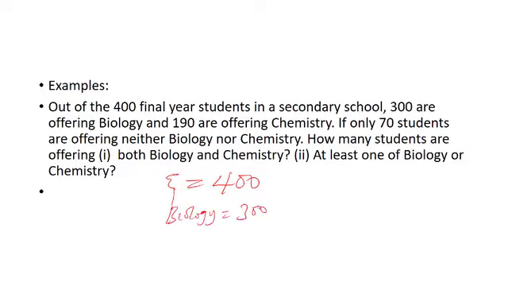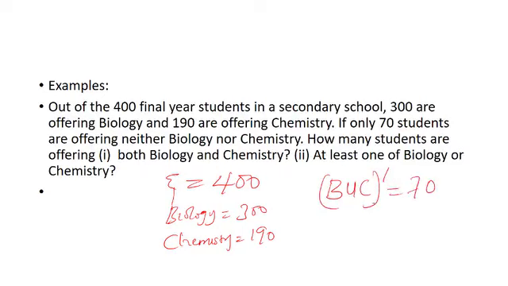We have 300 people offering it. 190 are offering chemistry. If only 70 students are offering neither biology nor chemistry, where neither nor means none of them, so that is to say our (B union C) complement is equal to 70.